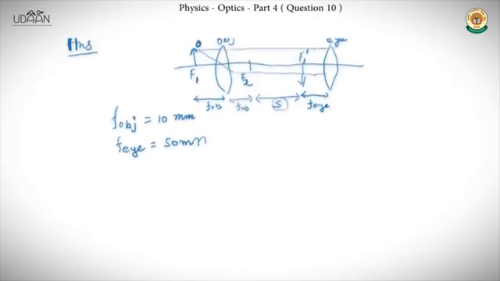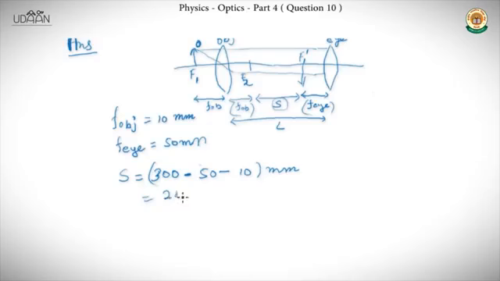From this question and the setup we have drawn, we get s equal to the length of the telescope, which is 300, minus the f of objective minus the f of eyepiece, so 300 minus 50 minus 10 mm, which gives us s as 240 mm.